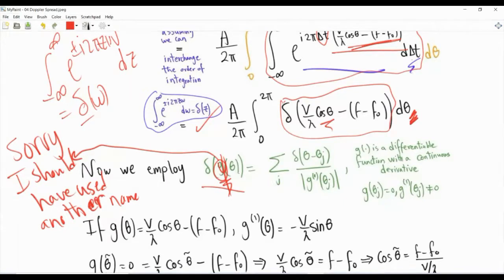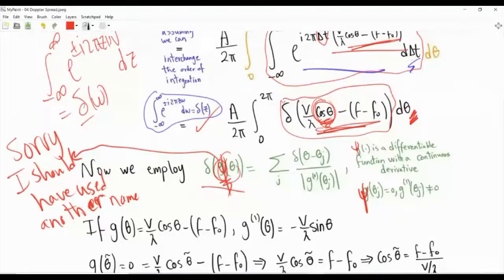This is delta applied to a function. We have a rule that says: suppose this function is differentiable, and cosine theta is differentiable. Suppose the first derivative is a continuous function. This is also applicable to cosine, because cosine is infinitely differentiable and all its derivatives are continuous. And suppose you find where the function inside the Dirac delta is equal to 0.